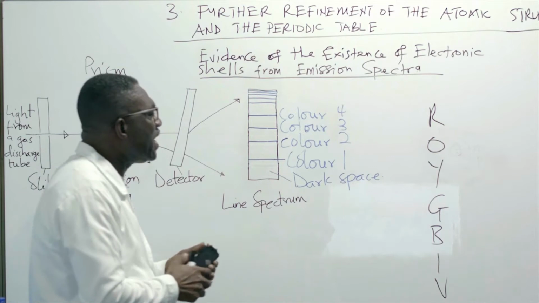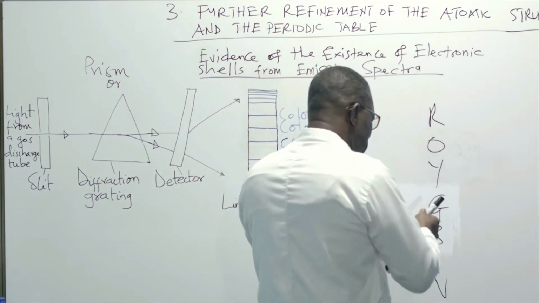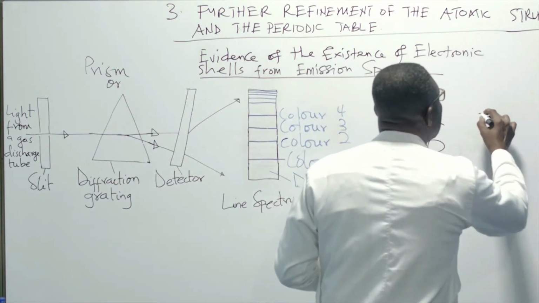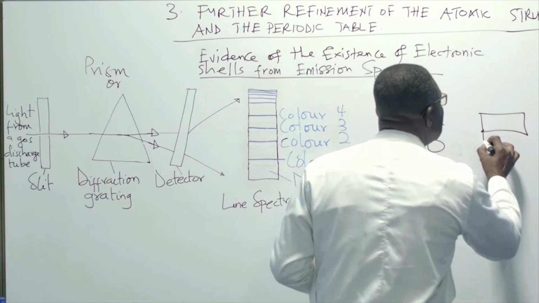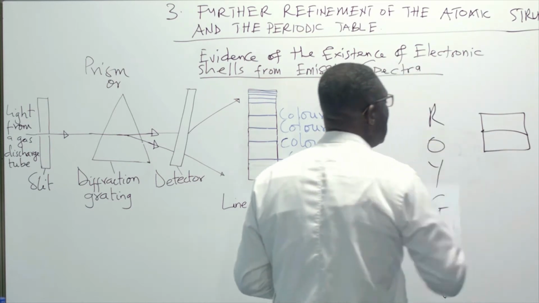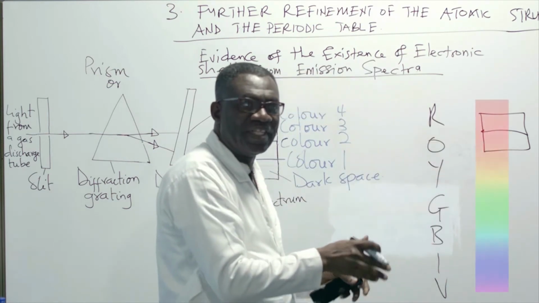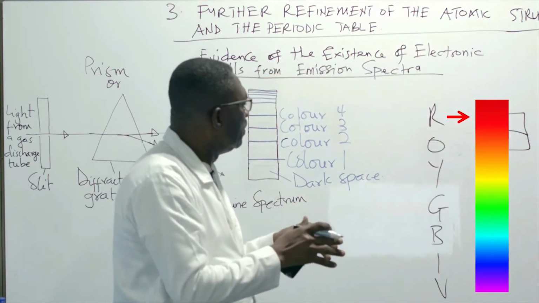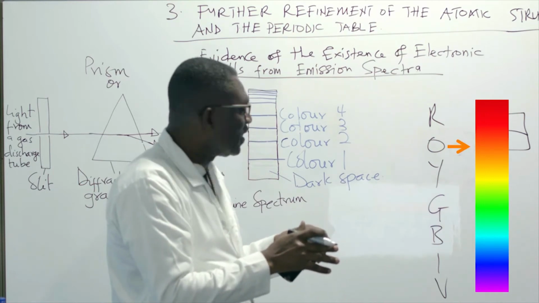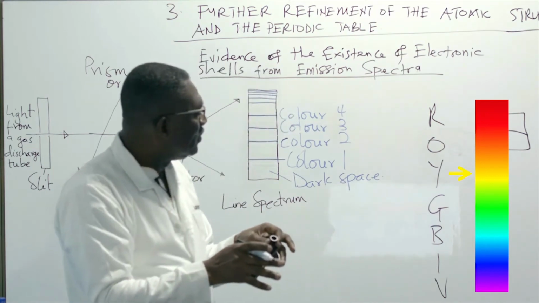You don't see a clear cut. You will not see a very clear-cut red, and then another color, orange. They dovetail. They emerge into each other. The red emerges into the orange, and then it also emerges into the yellow.